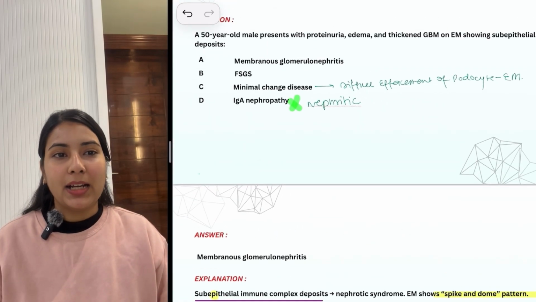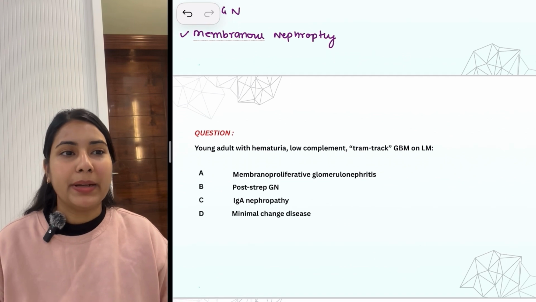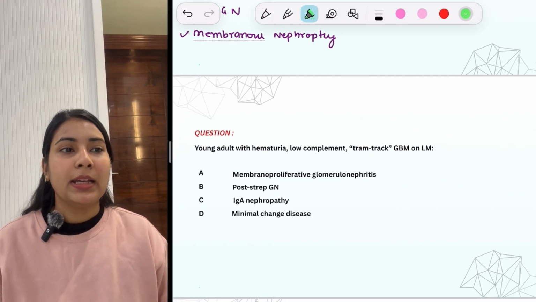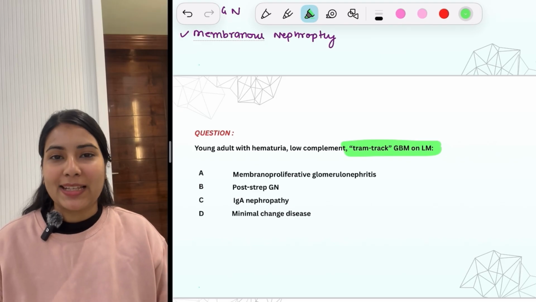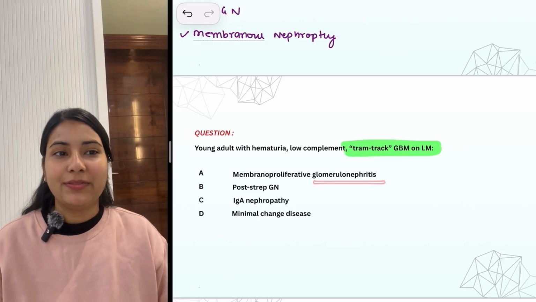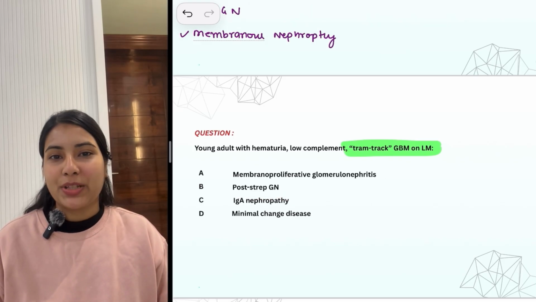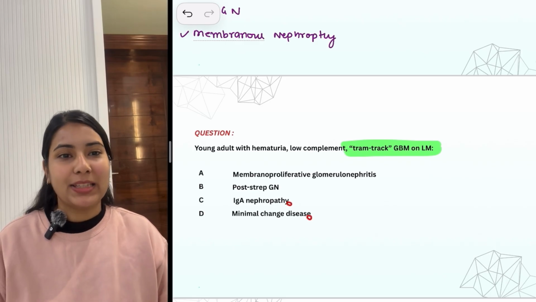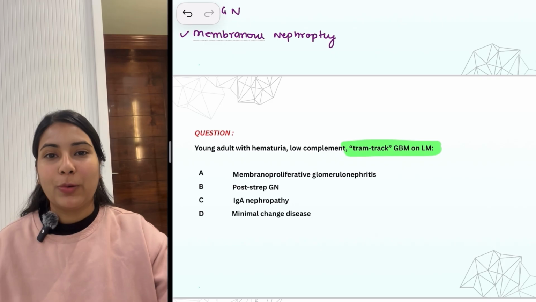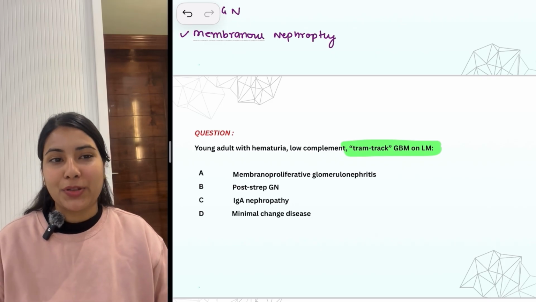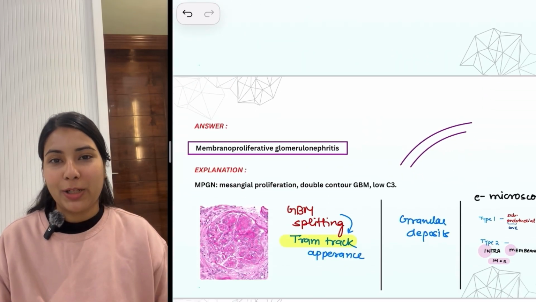A young adult with hematuria, low complement and tram-track appearance on light microscopy. What is the diagnosis? The options are membranoproliferative glomerulonephritis, post-streptococcal glomerulonephritis, IgA nephropathy and minimal change disease. So the typical word, the tram-track appearance, is used for membranoproliferative glomerulonephritis.